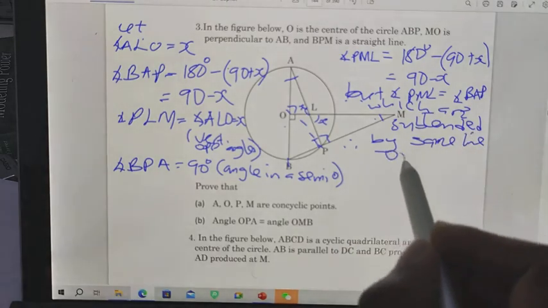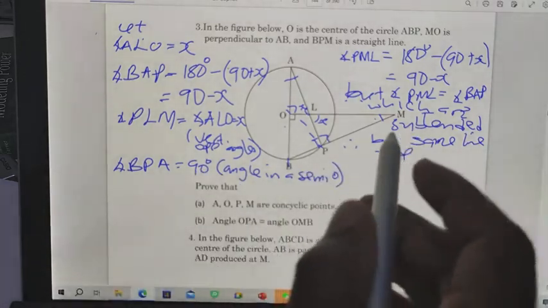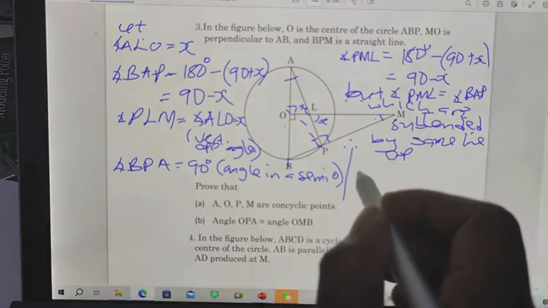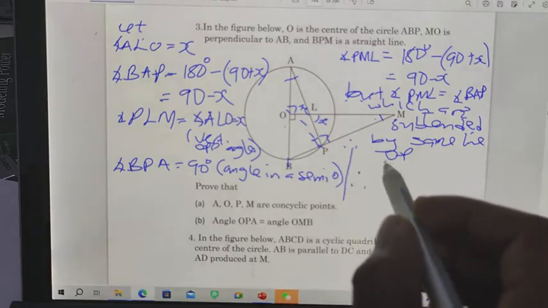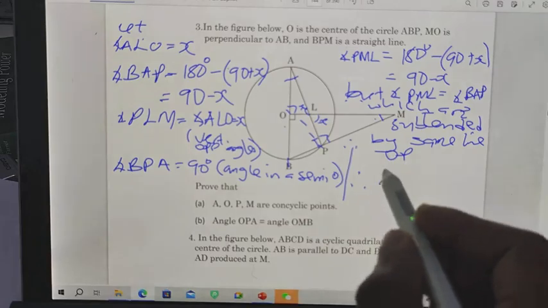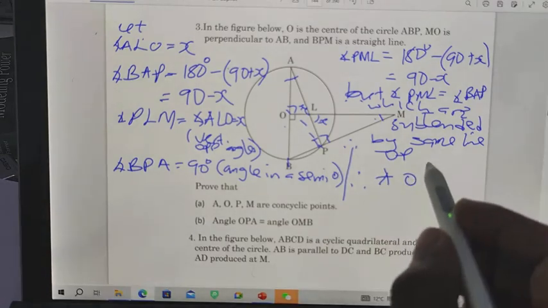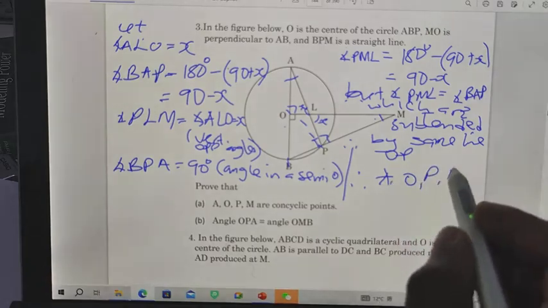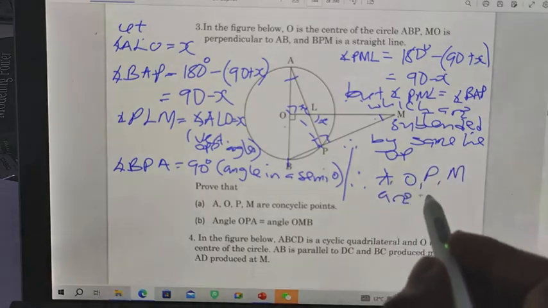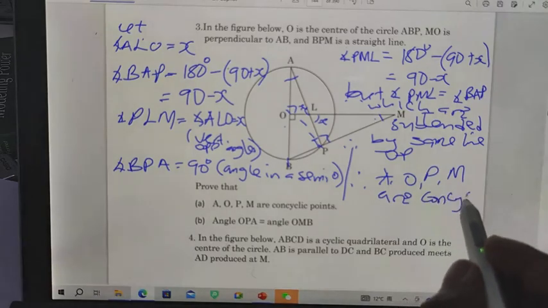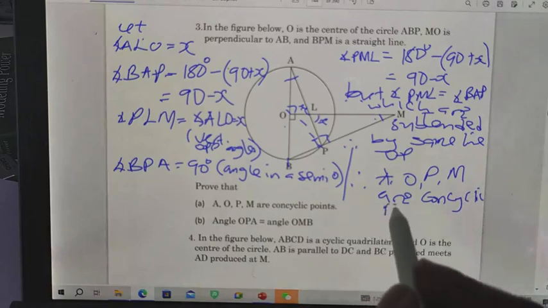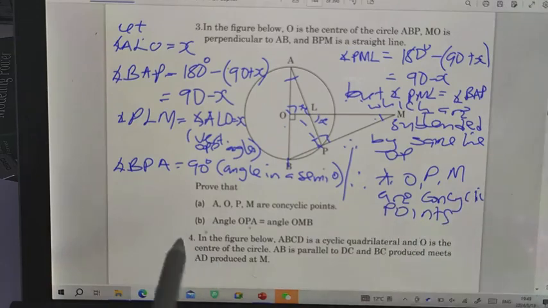That's the reason for that, and we can conclude that therefore A, O, P, M are concyclic. Yes, concyclic points. So that's part A.